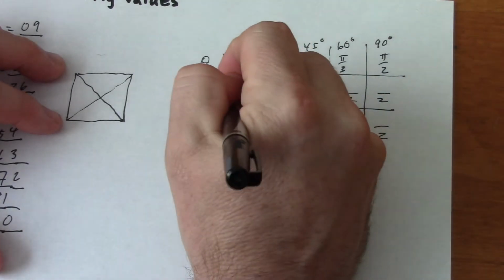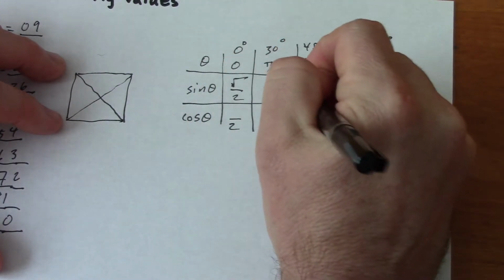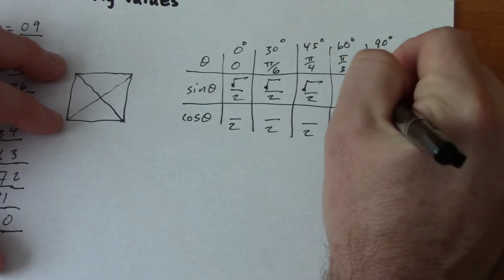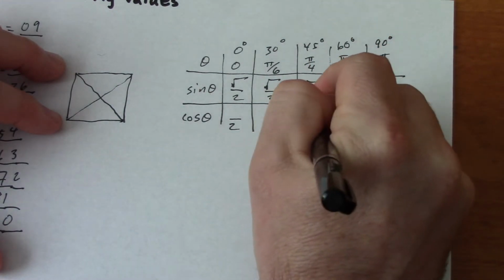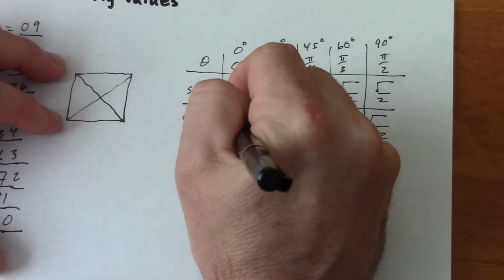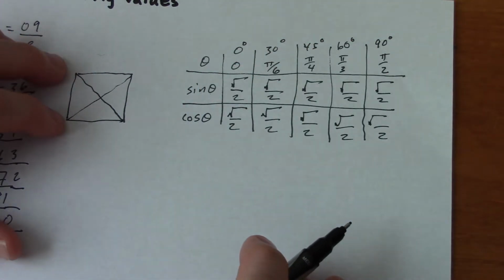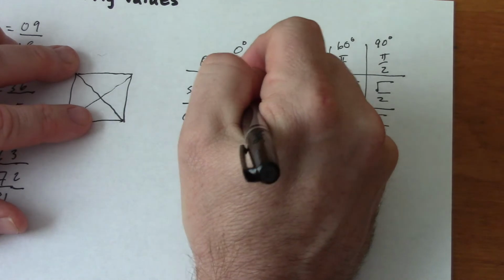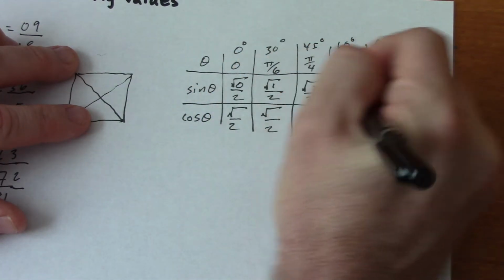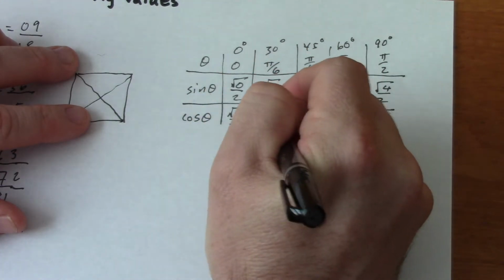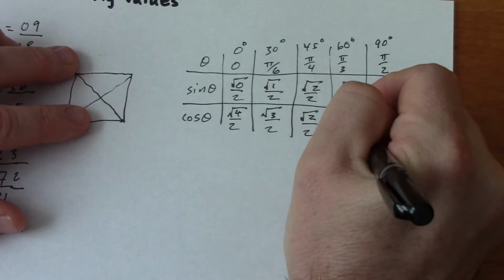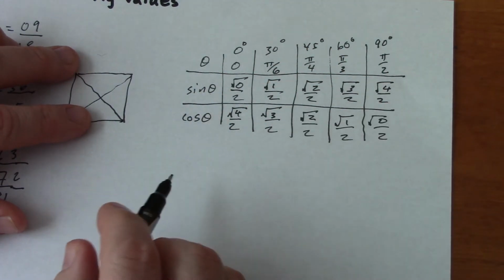Okay, and we put a square root in the numerator of every single fraction as well. Alright, and we do exactly what the dumb guy did. So we just go 0, 1, 2, 3, 4, 4, 3, 2, 1, 0.